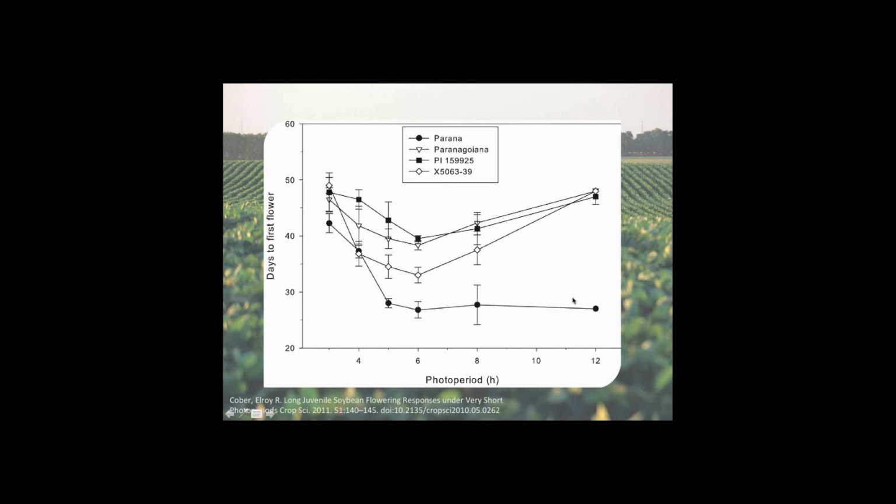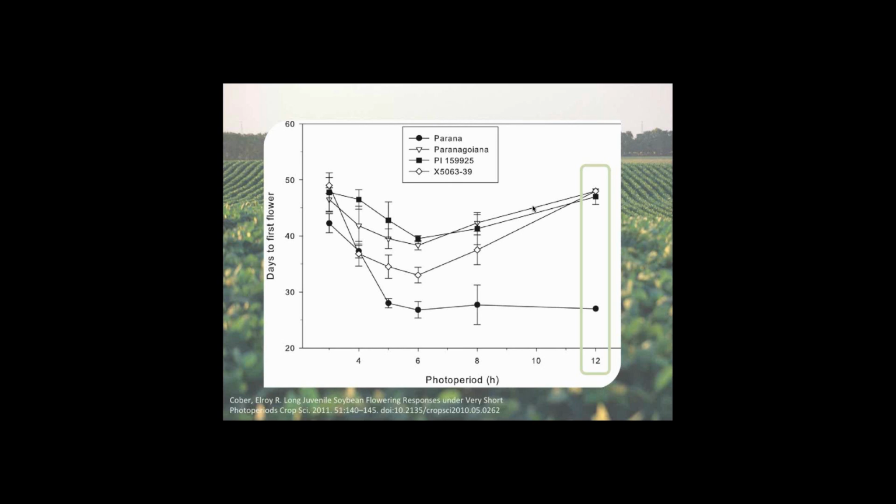And we see when the long juvenile trait is not present, flowering will occur in around 25 days. However, when the long juvenile trait is present, and in this we have 3 different genetic backgrounds, they all exhibit a similar phenotype where they have delayed flowering until 45 days, which may be the more optimal vegetative stage.